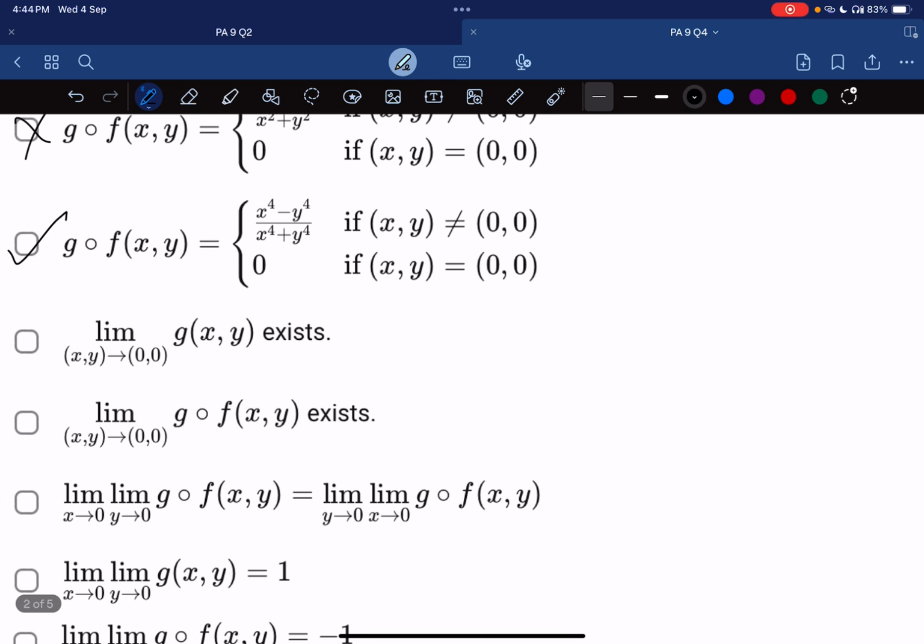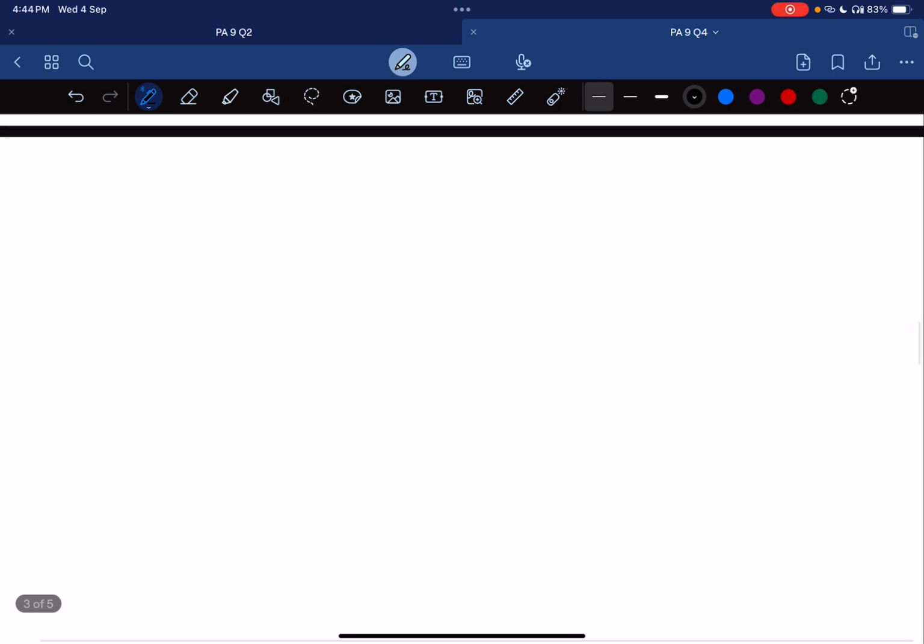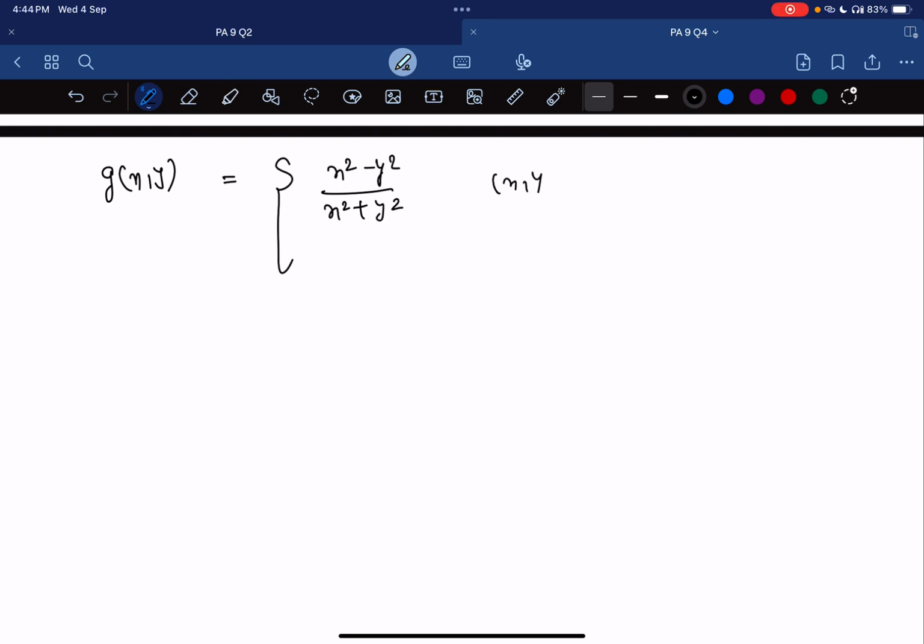Now the limit when x comma y tends to 0 comma 0 for the function g exists. Now the function g of x comma y is defined as x square minus y square divided by x square plus y square when x comma y is not 0 comma 0, and 0 when it is 0 comma 0.